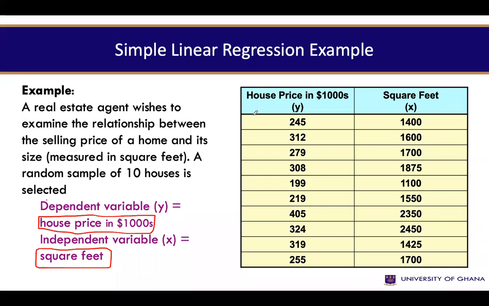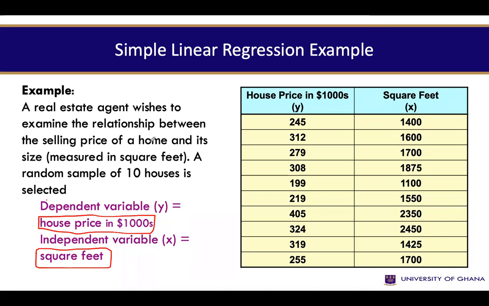Now, why do you think that the house price is the dependent variable? Why didn't we use the size of the house as the dependent variable? This question goes to all of you, so if you have any response, you can put it in the chat box.